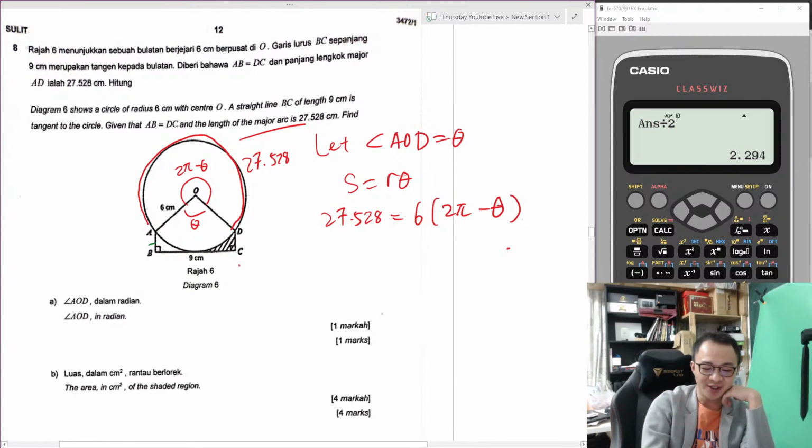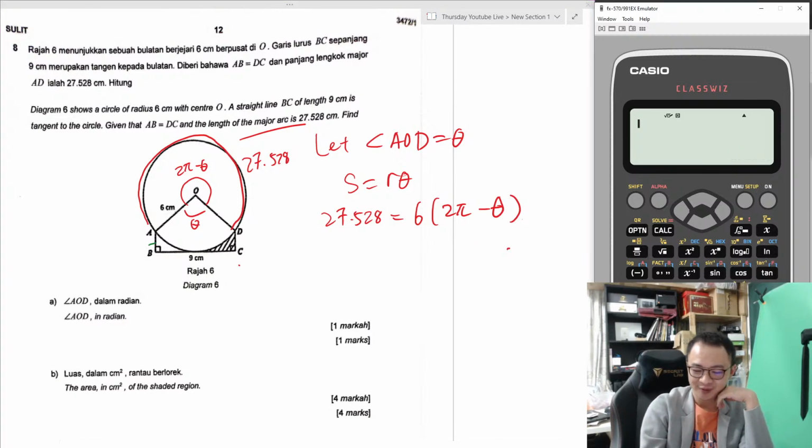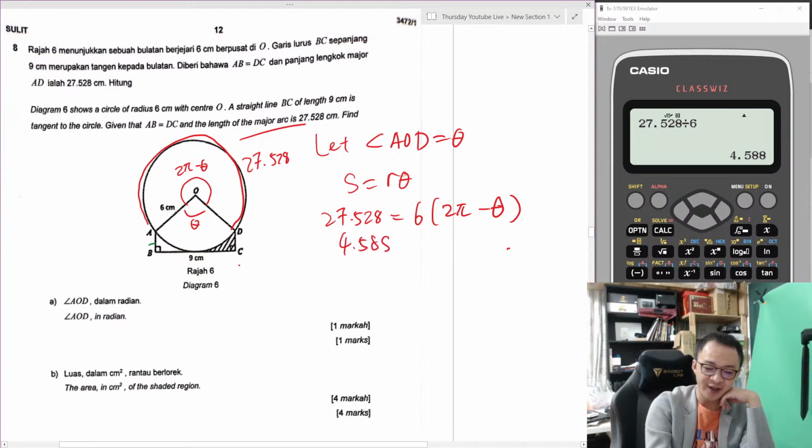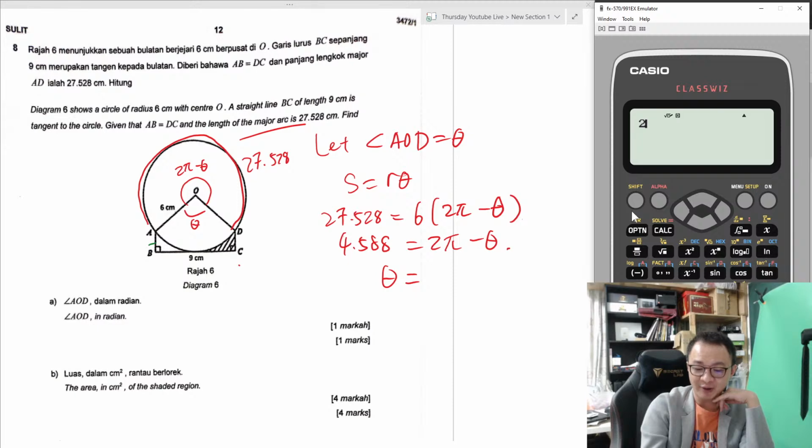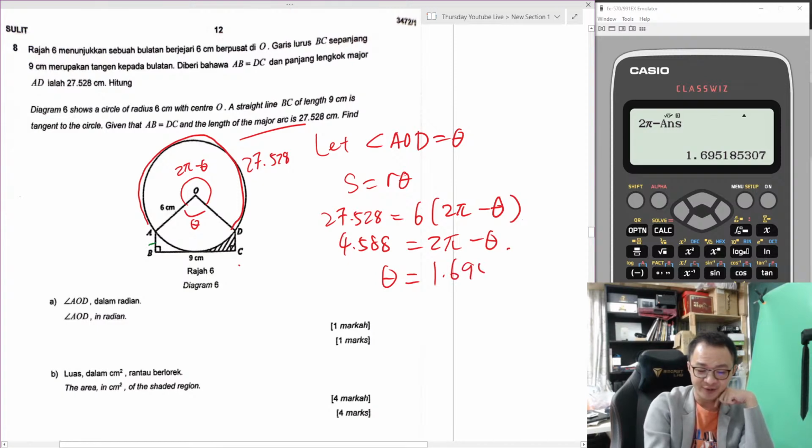Alright, so let's solve it. 27.528 divided by 6, so 4.588 equals 2 pi minus theta. So theta will be 2 pi minus it. Does the question give you pi or want you to use any value? No, right? 2 pi minus answer. Okay, this one makes a lot more sense.